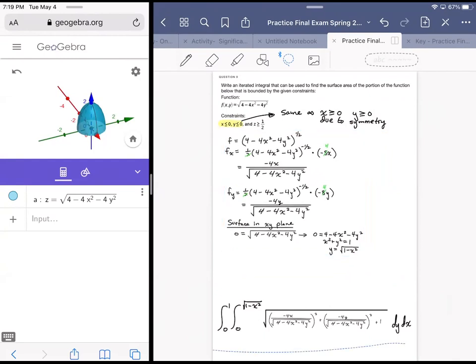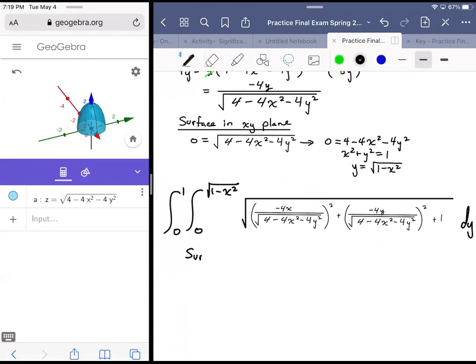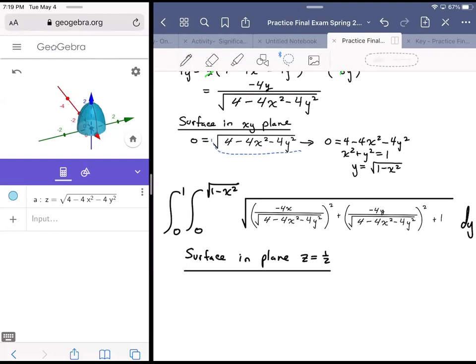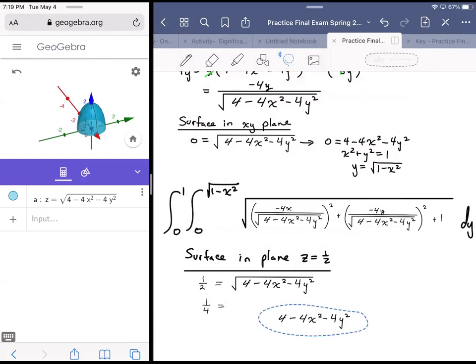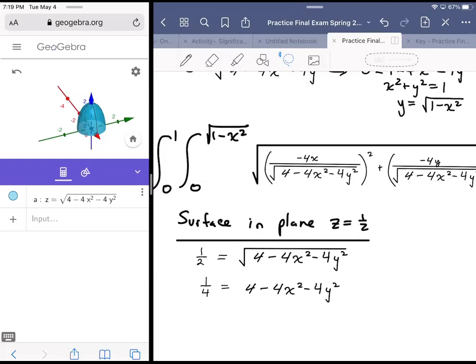Right. So if you look at the surface in the plane where z is equal to 1/2, I would take the original multivariable function, set it equal to 1/2, square both sides, and use this to isolate something, like whatever makes sense.